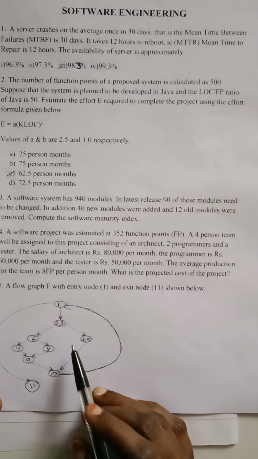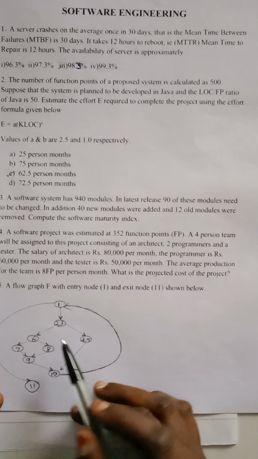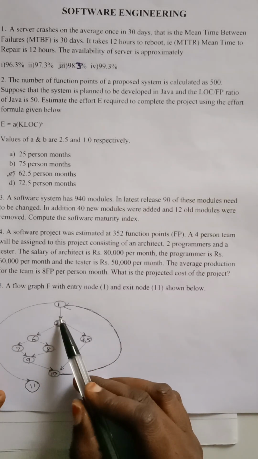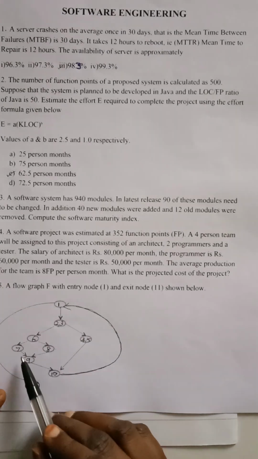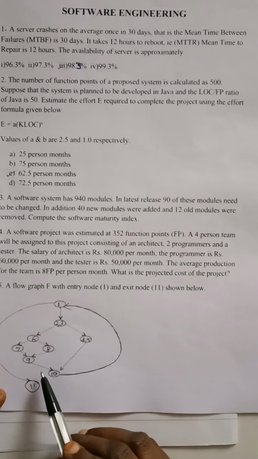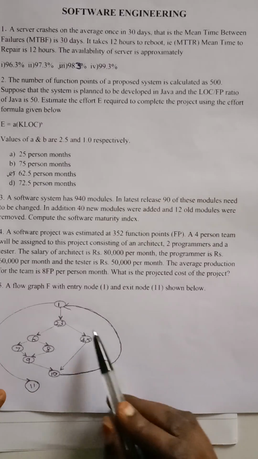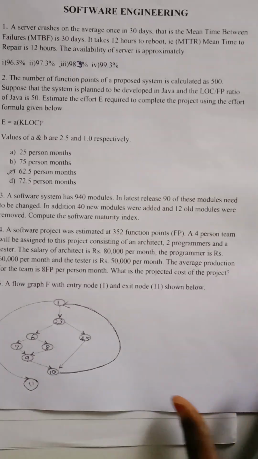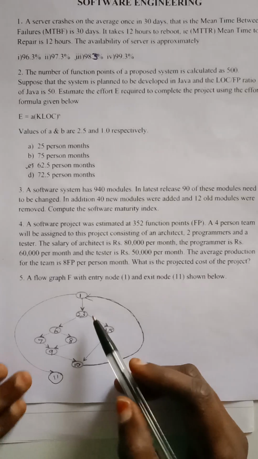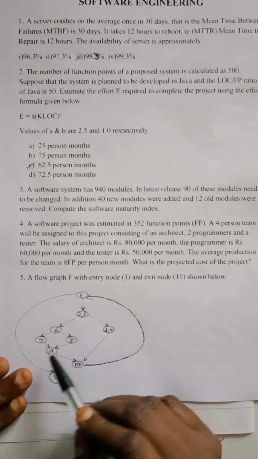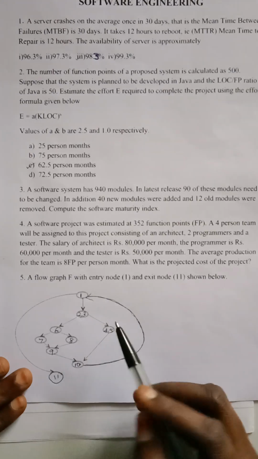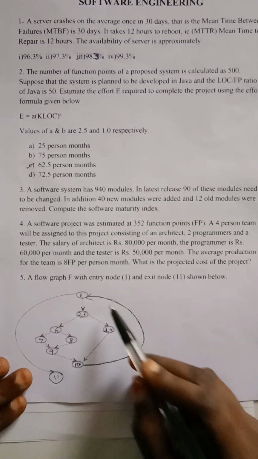We'll find the number of edges: 1 2 3 4 5 6 7 8 9 10 and 11. So again we'll find out: 1 2 3 4 5 6 7 8 9 10 and 11.